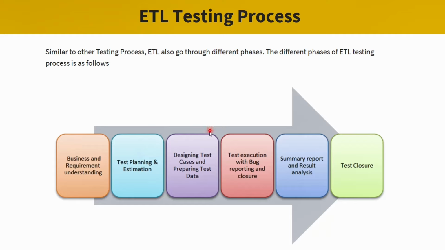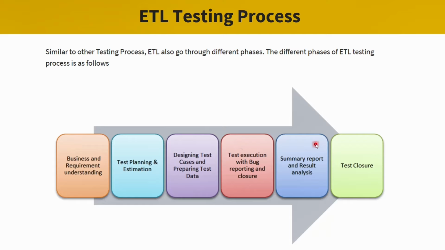And the next step is where we do our major work of designing the test cases, and here we need to prepare the test data. Once we prepare the test data, then we need to execute and report the bugs. When we are loading the data, extracting it from the source system to the target system, if any bugs come up, we need to report them.